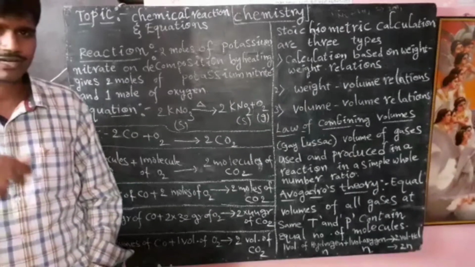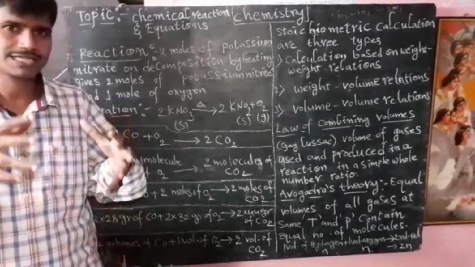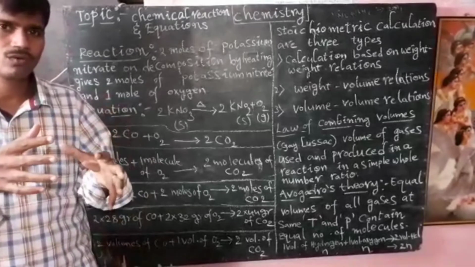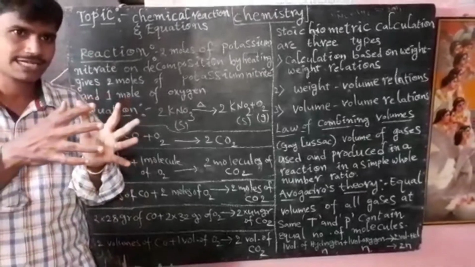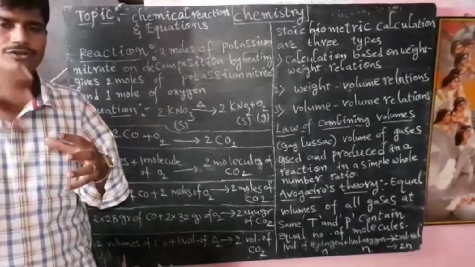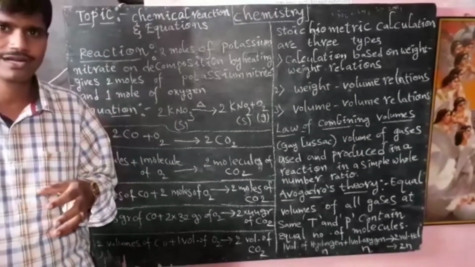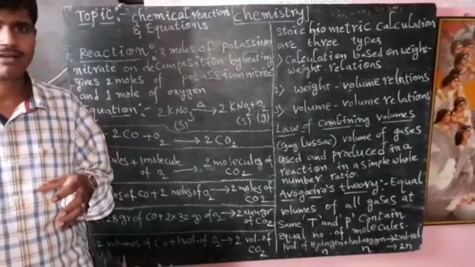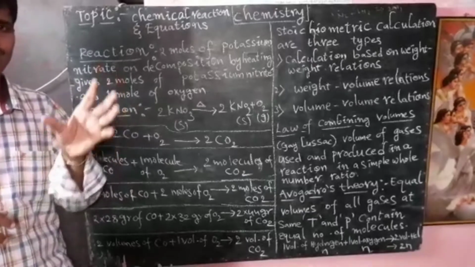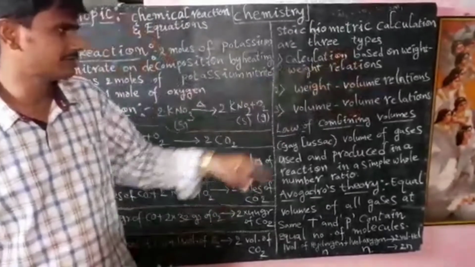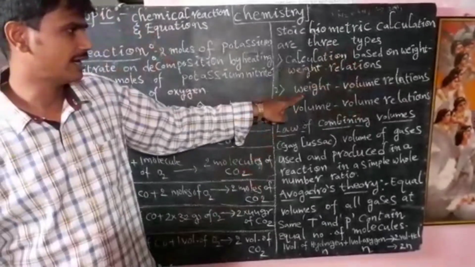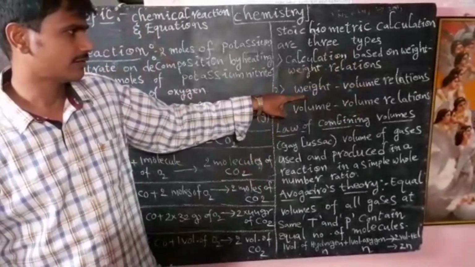What is weight relation? If all the reactants are in solid state, at that time we are taking weight. Okay, if the reactants react, they produce a product. If it is also a solid, then we see the weight relationship between reactant and product. Here weight-volume relation means reactants are solid, then we have to take their weight.